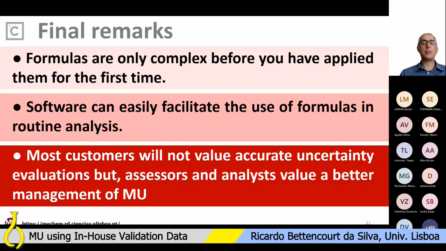And you as an analyst and your colleagues will understand and value when the measurement uncertainty is more carefully assessed, more carefully managed, when uncertainty is compatible with the quality control, and you feel more comfortable when someone asks you to take a decision on your results, when the evaluation of measurement uncertainty is under better control.